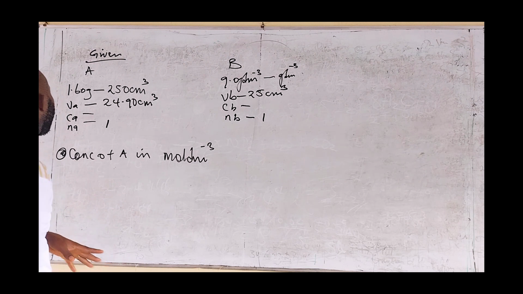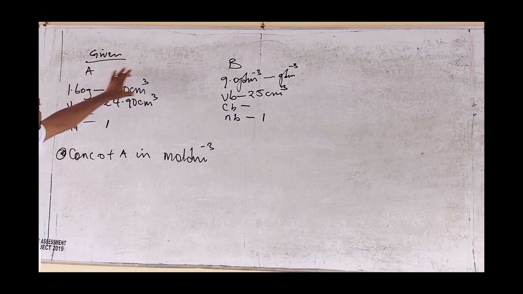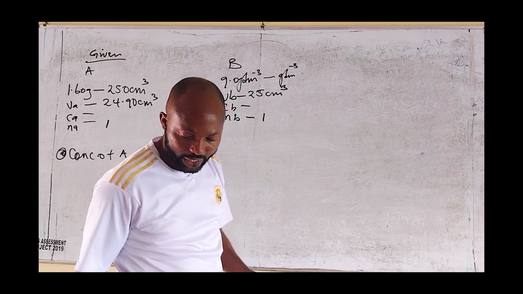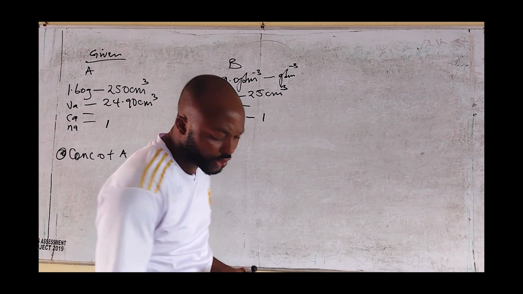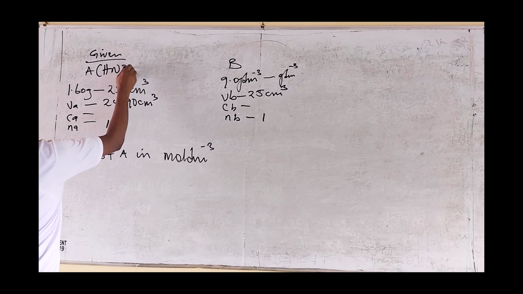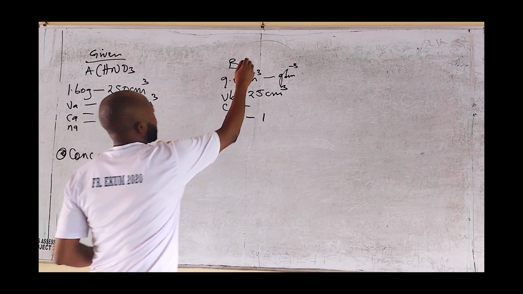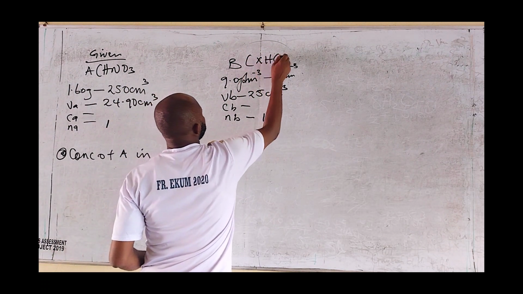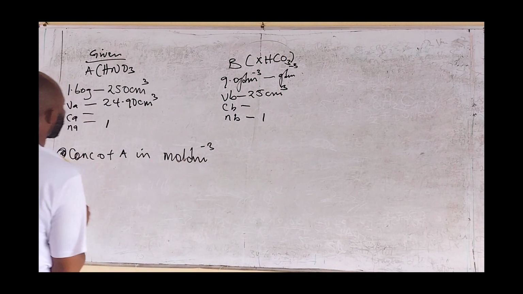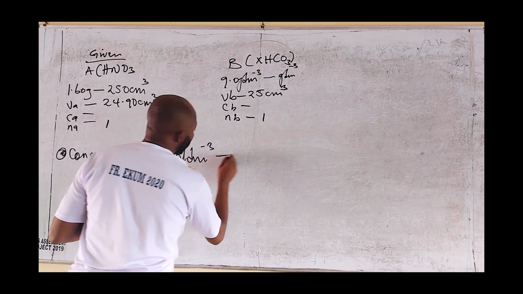From the acid, we can get our mass concentration from here and the relative molecular mass of the acid. The acid is trioxonitrate(V) acid, which is HNO3, and this one is XHCO3. So we don't know the X.